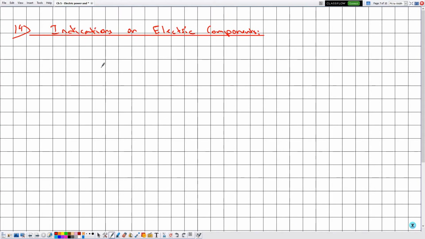We have seen previously indications on electric components, like 12 volts, 0.5 amperes. Now we will go over an additional one.